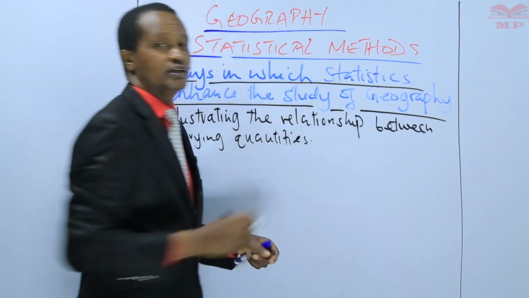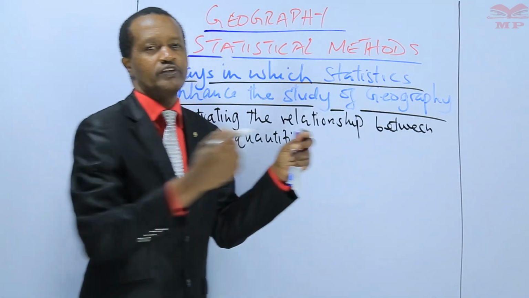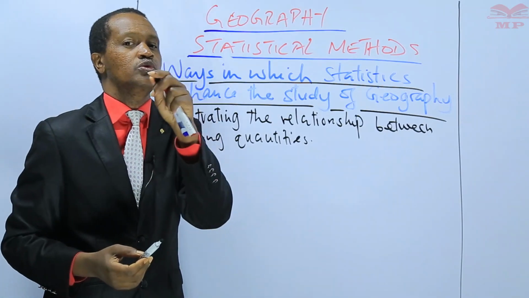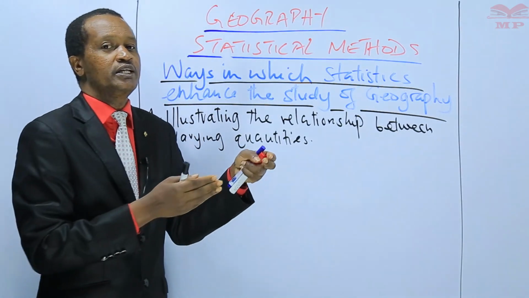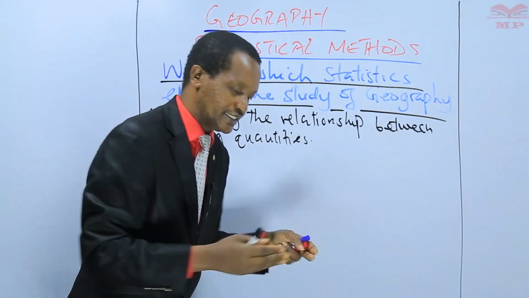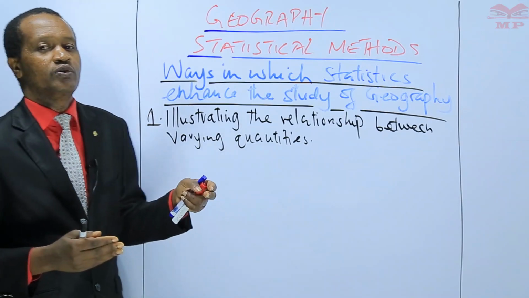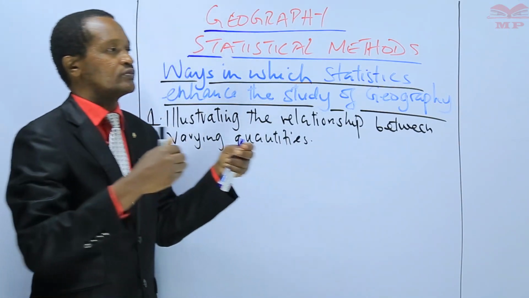Learners, for example, in economic geography, the relationship between two varying quantities can easily be illustrated statistically. And this makes it possible for valid conclusions to be drawn.